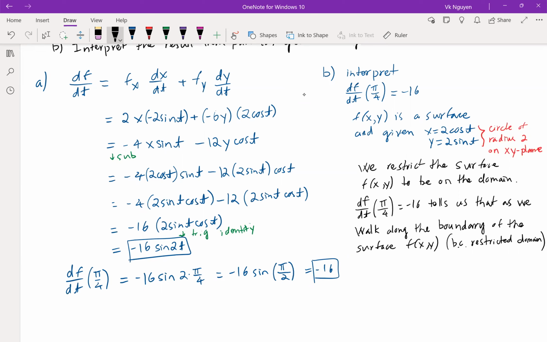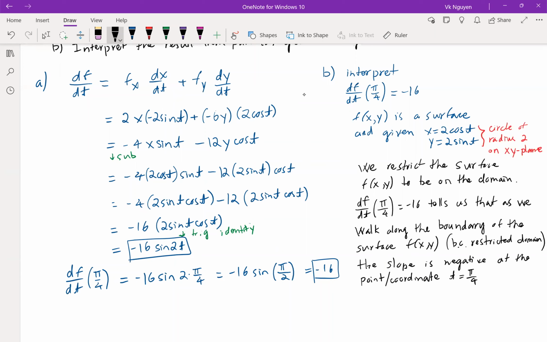The slope, or the rate of change of the elevation with respect to time, is negative at the point, or coordinate, t equal pi over 4.